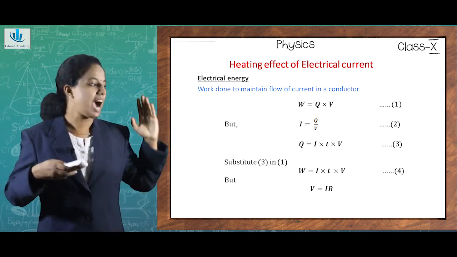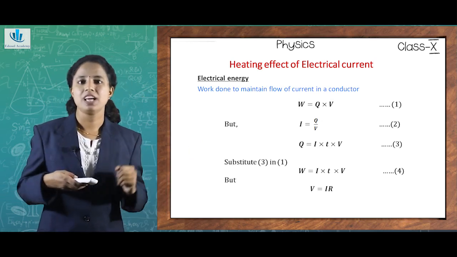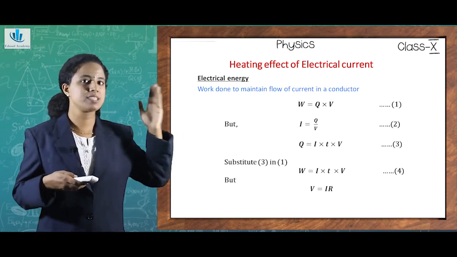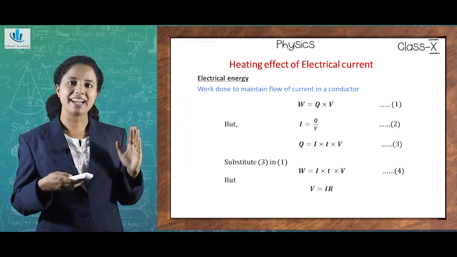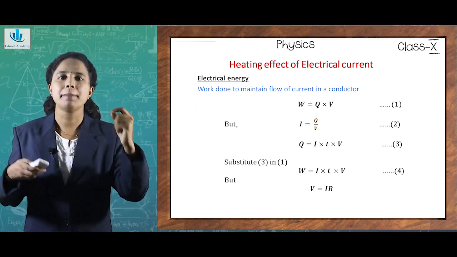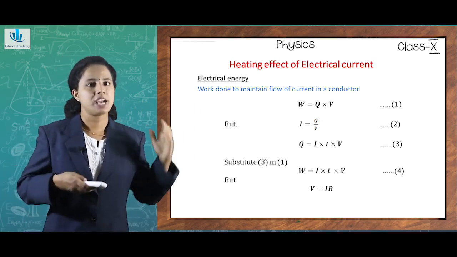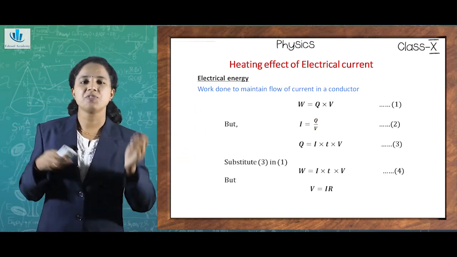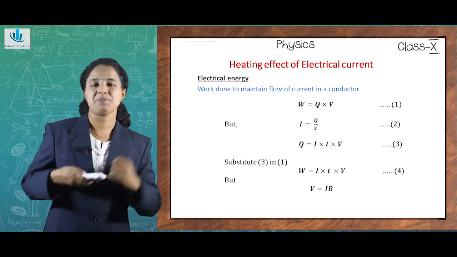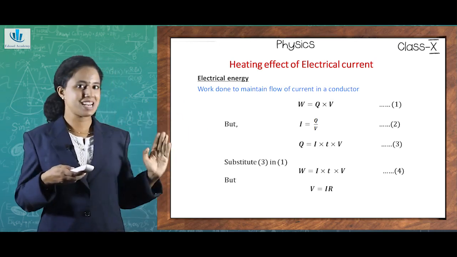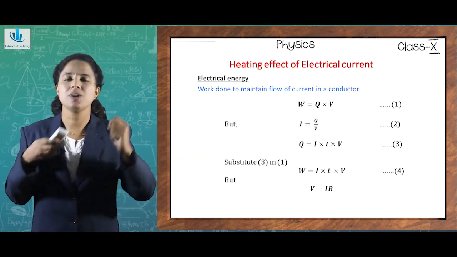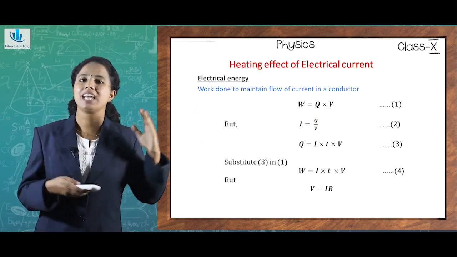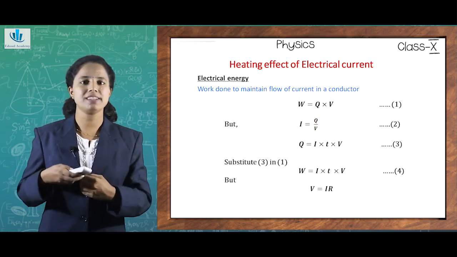So, from the second equation, I equals Q by T, you can derive Q equals I cross T, isn't it? So, Q equals I times T. By comparing the second and third equations, you would get Q as I times T. So, we have obtained an equation for Q in terms of I and T. Now we are going to substitute the third equation in the first, that is W equals Q times V. For Q I am substituting I times T. From where did I obtain that equation?